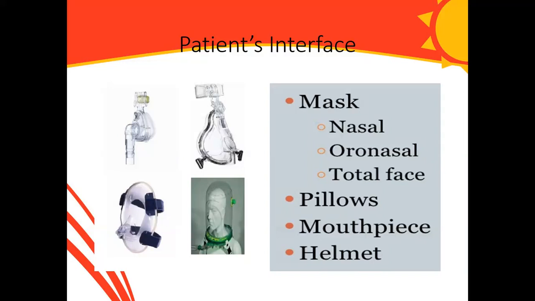We can have one that covers all the face. You require pillows, mouthpiece, and helmets to help this patient. So these are some of the patient interfaces. Non-invasive ventilation means the ability to manage the patient, the patient interface, and the ventilation. Those are the three key components of non-invasive ventilation.